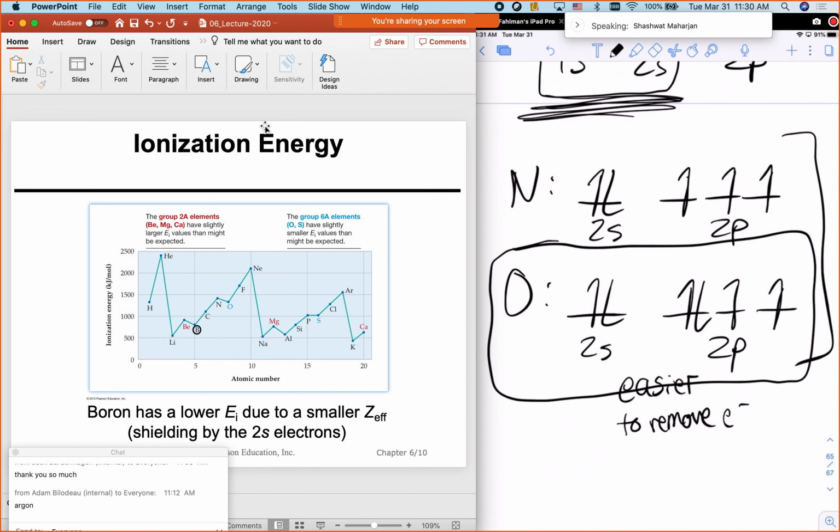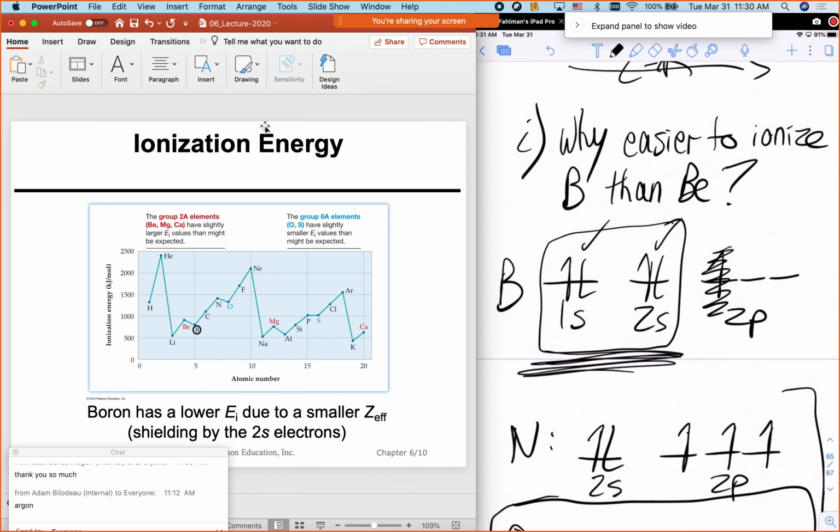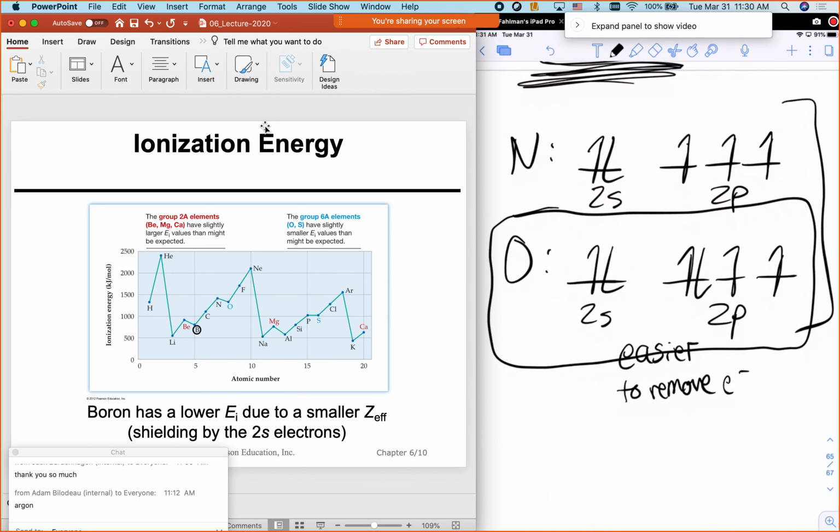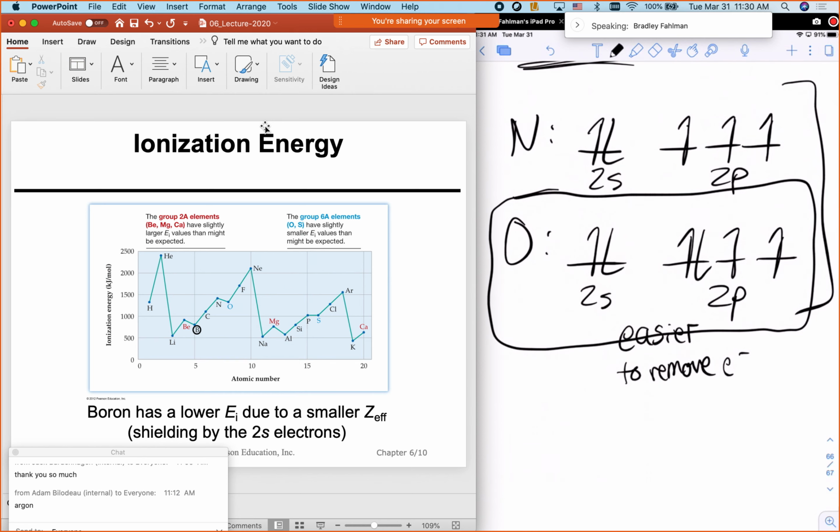Yeah, exactly. So fully filled applied for the boron versus beryllium case, and half-filled are also very stable. So if you kick off this one to become O plus, for instance, that means you've got a half-filled p shell, right? So it's more stable.